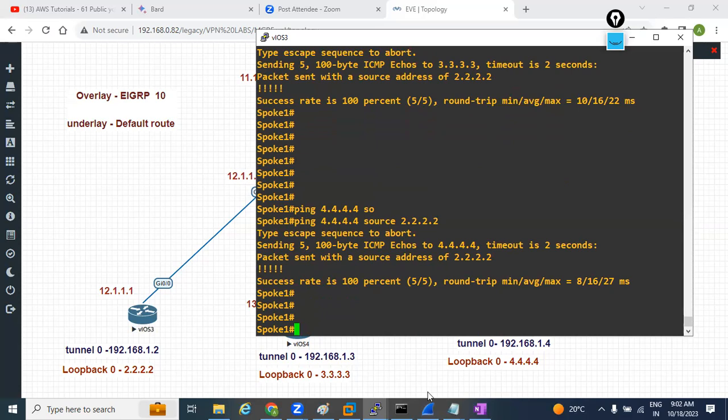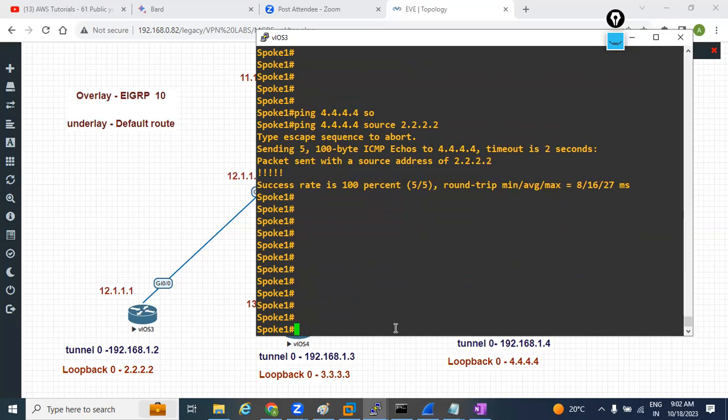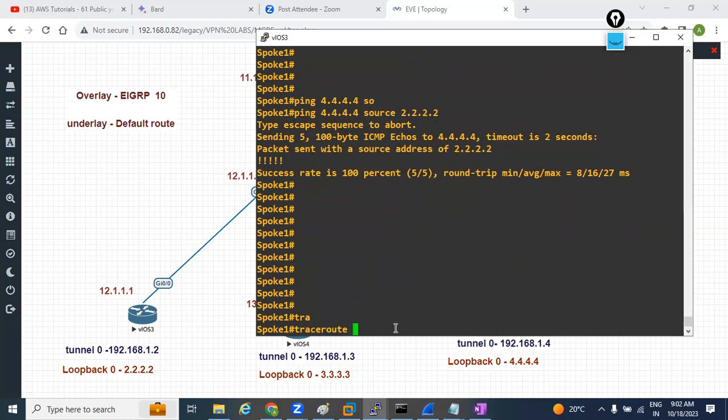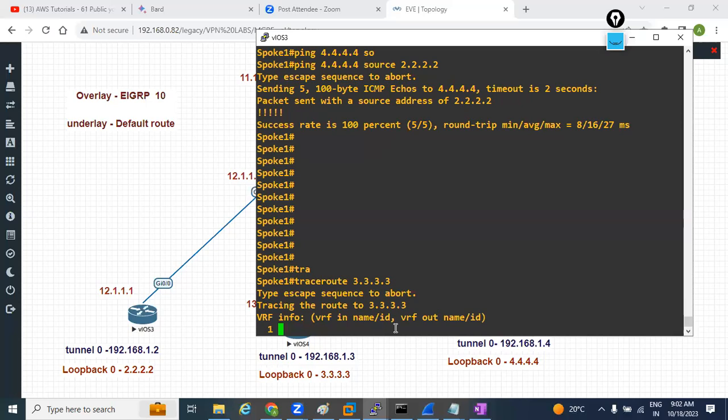So we have a question: let's trace to 3.3.3.3. Let's see what traceroute would show now. What kind of output will there be, guys? What is the meaning of traceroute?